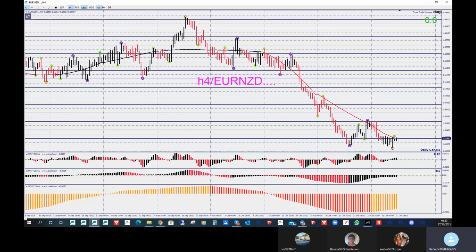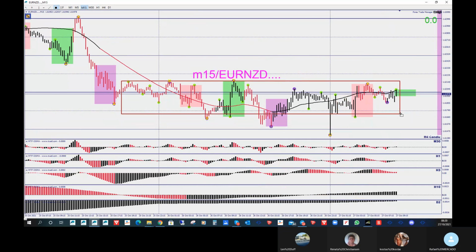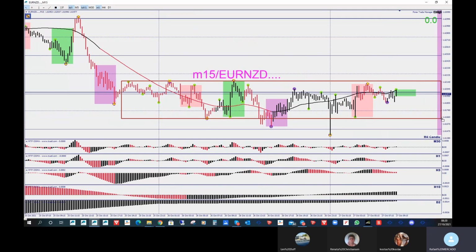So this one retracement ball could be repainted and be higher and higher. We go to the 15 minute. They're like more in a range. So if we break that range, it could be a possibility.